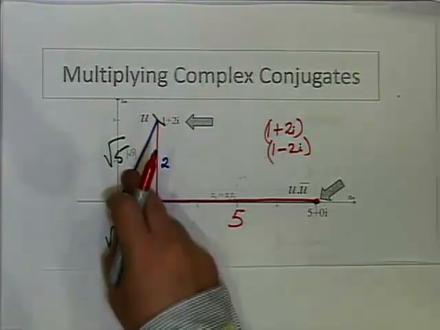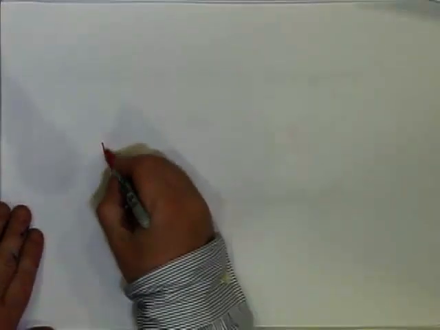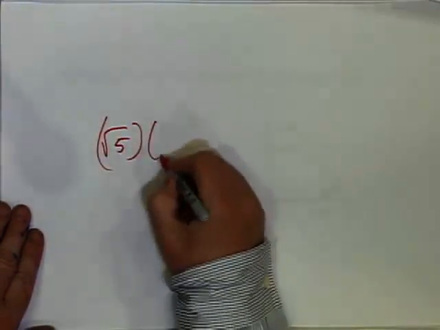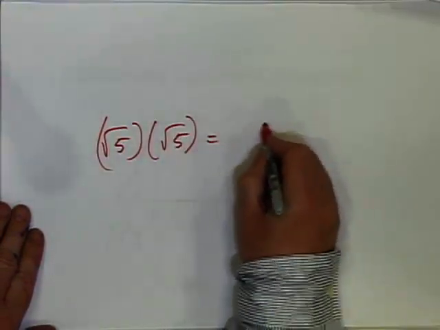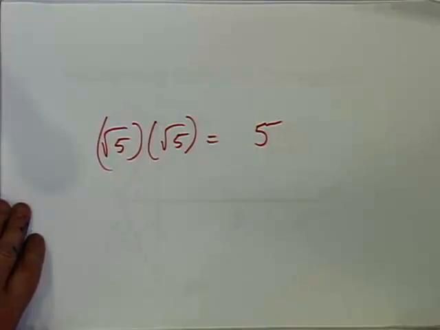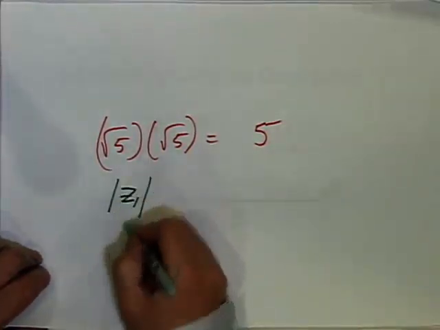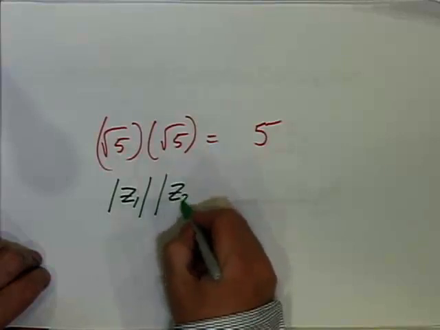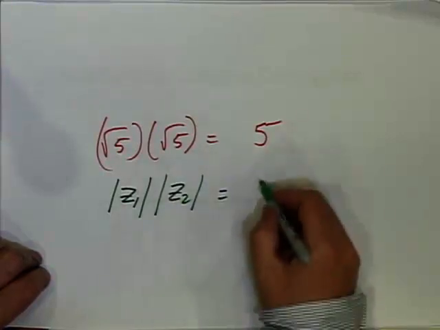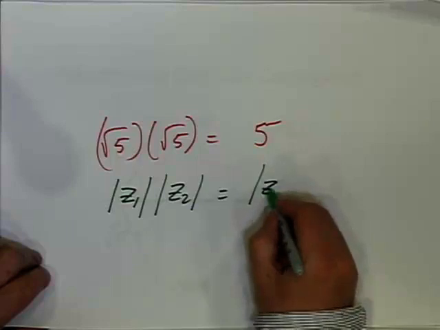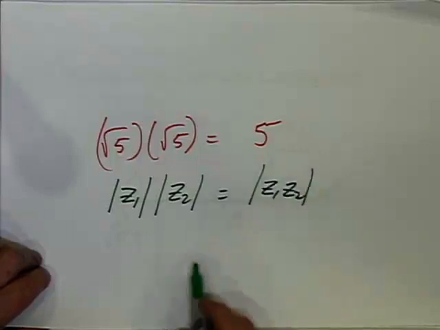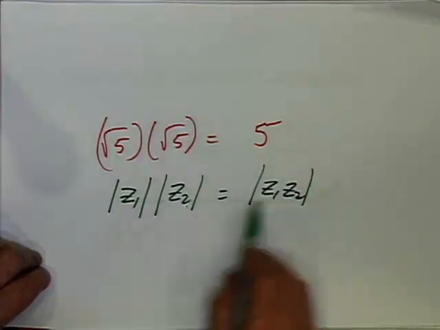Square root of 5, square root of 5, 5. It looks like the square root of 5 times the square root of 5 is equal to 5. It looks like the modulus of Z1 by the modulus of Z2 is equal to the modulus of Z1 Z2. One number by another is the modulus of the answer.